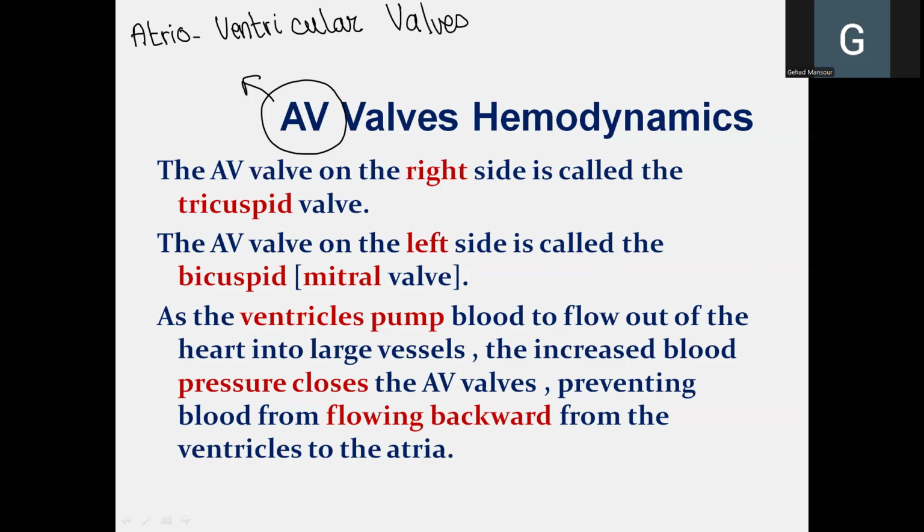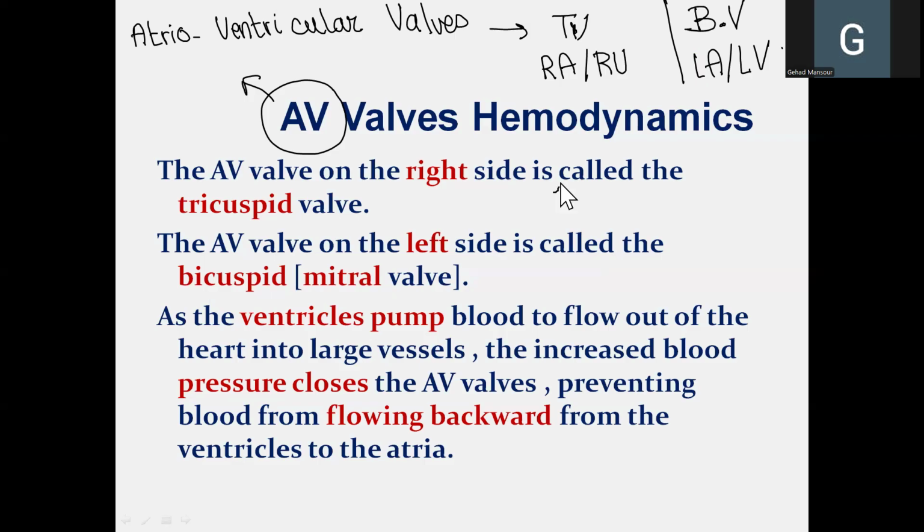We have the tricuspid valve between the right atrium and the right ventricle, so it's on the right side of the heart. And we have the bicuspid valve, or the mitral valve, between the left atrium and the left ventricle. So the atrioventricular valve on the right side is called the tricuspid valve, and on the left side it is called the bicuspid valve, or the mitral valve.